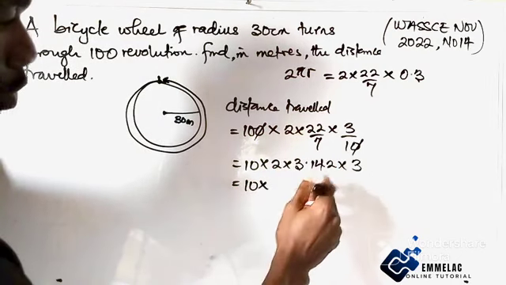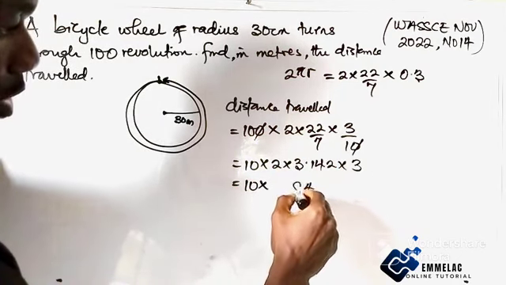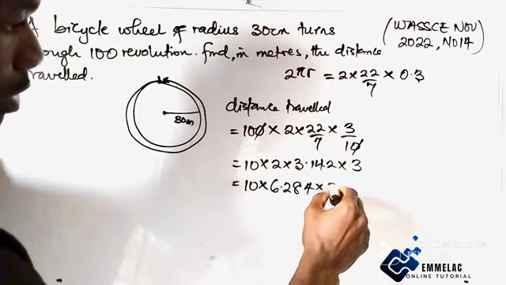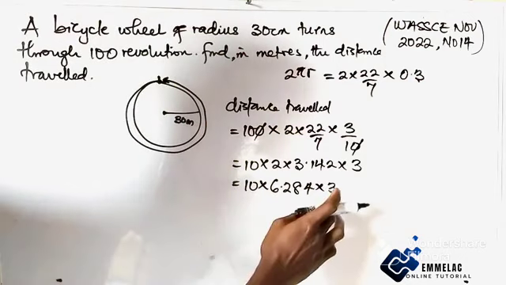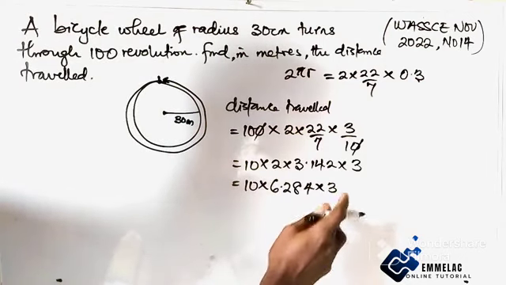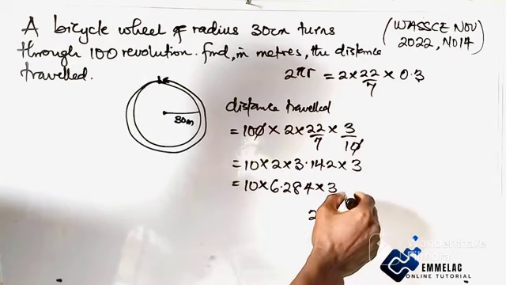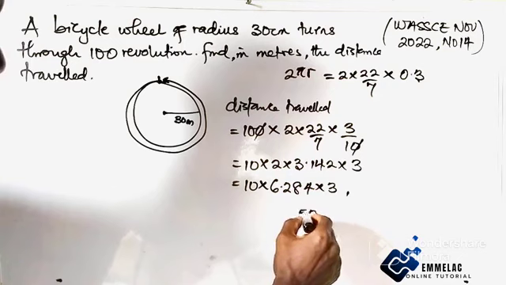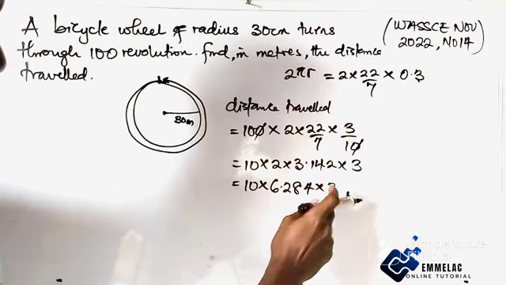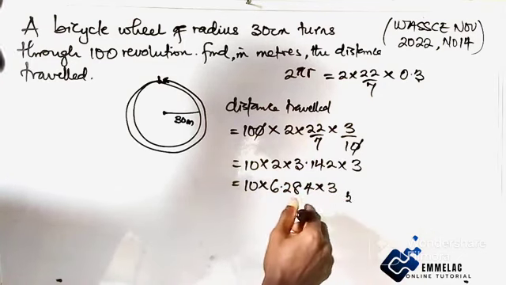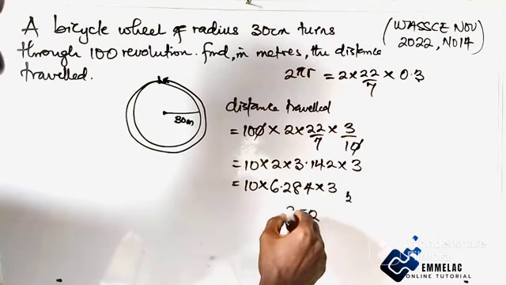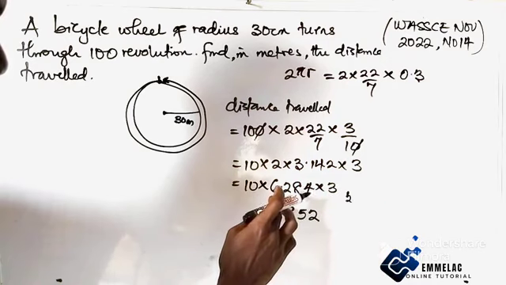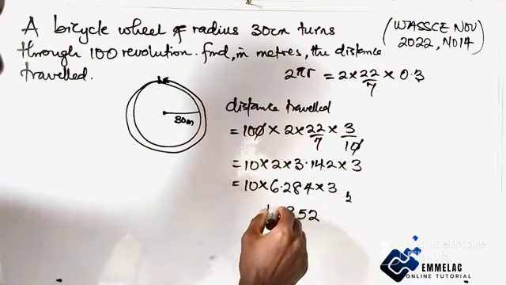Working this out, 2 times 22 is 44, and 44 divided by 7 gives 6.285..., times 3. Multiplying, 3 times 8 is 24, and so on, until we get 18.852.